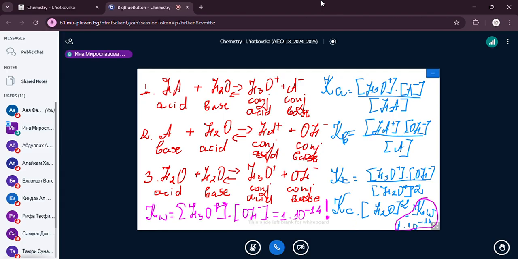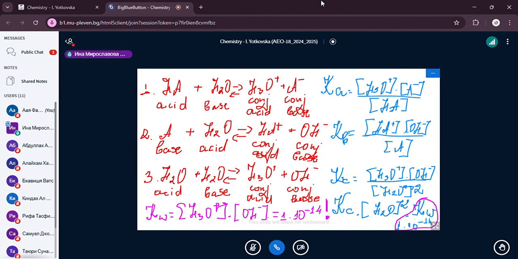When we know this relationship and that value, whenever we have the concentration of one of these ions, we can always find easily the concentration of the other one. Why? The water is a binary component.